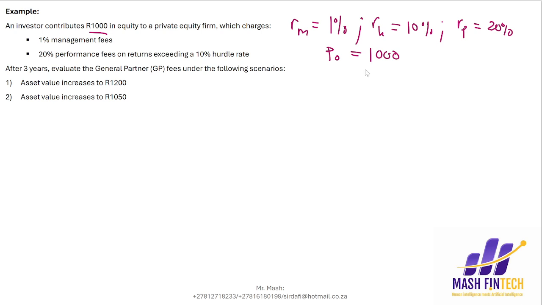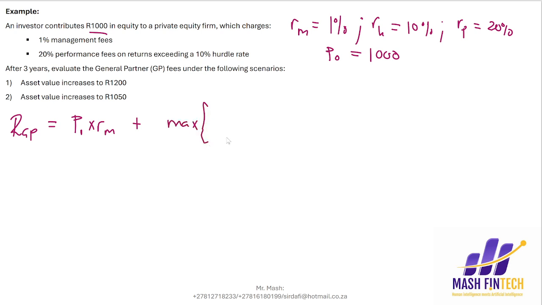Okay. And now, remember that the GP fees, the fee for the GP, are going to be given as the end of period value multiplied by these management fees, plus we get the maximum of two values.